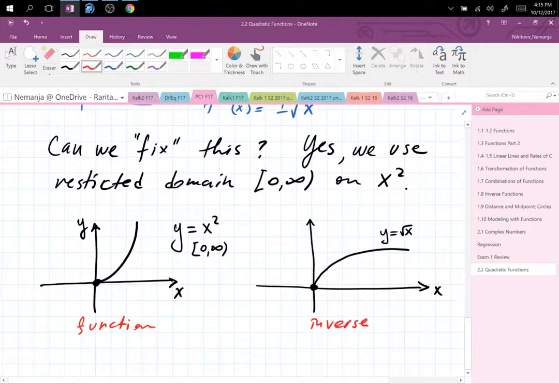And because we restricted the domain, that inverse is an inverse function. So restricting the domain helps. In some cases, it's the only way you can have an inverse, I mean, an inverse function. You always have an inverse.